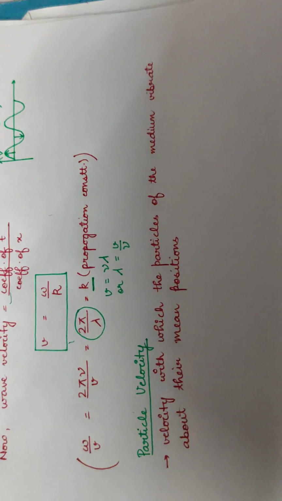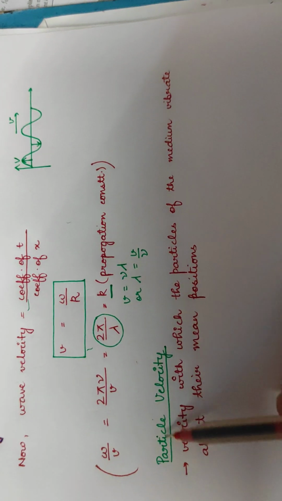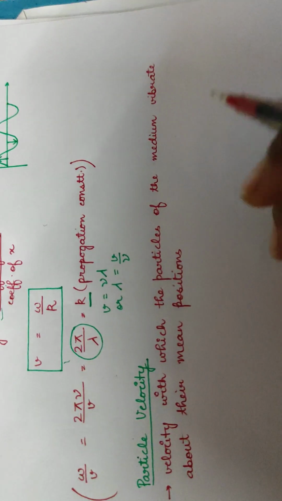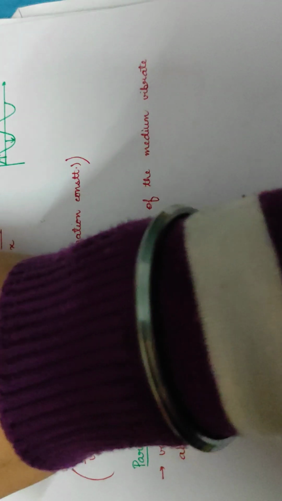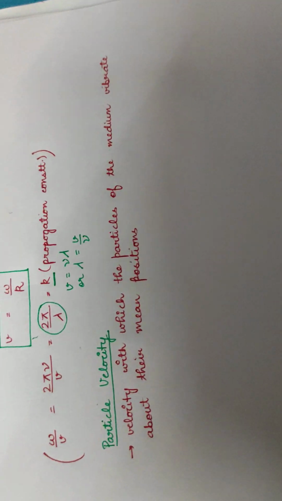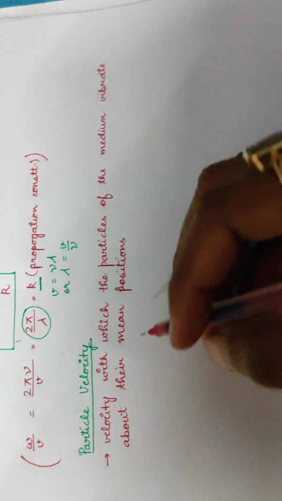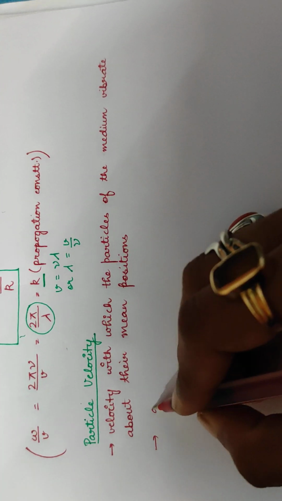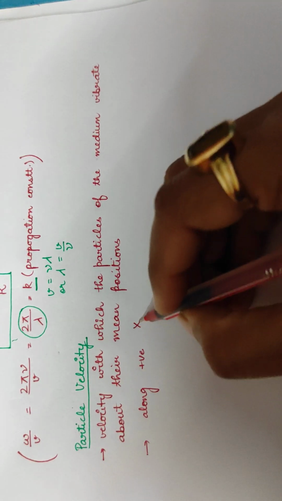Now moving on to particle velocity. As I have already told you, it is the velocity with which the particles of the medium vibrate about their mean position. So now let us proceed to find out the particle velocity. What is the displacement equation along the positive x direction?